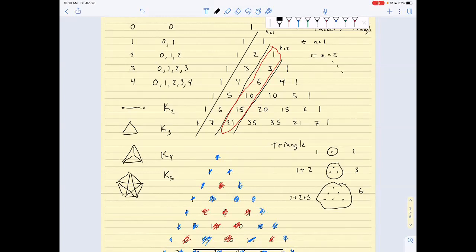Have you guys heard of Gauss? Like the best mathematician who ever lived, maybe, by some people. When he was in elementary school, he was punished by his teacher and sent to a corner.